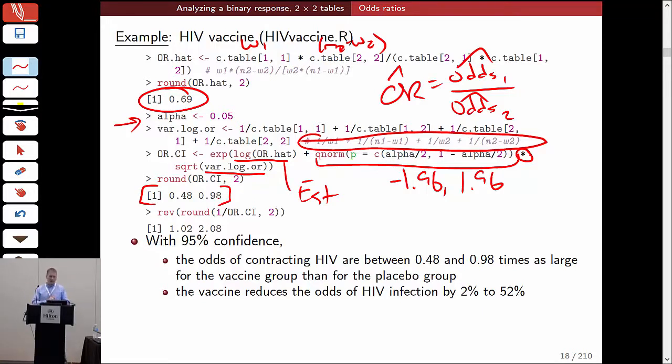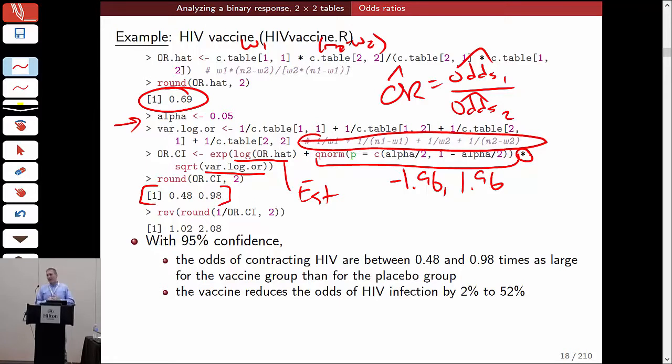So notice that 1 is not in the interval. This is why the authors of the paper concluded that there was evidence that this vaccine is working. I personally think that they made a little bit too strong of a conclusion there because we can see that 1 is obviously very close to that upper bound.